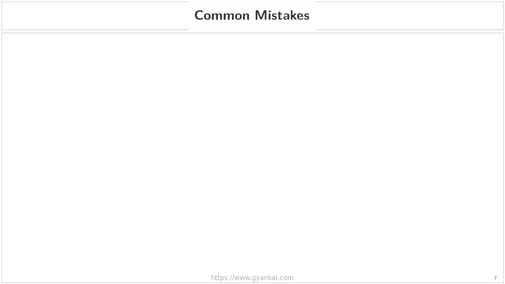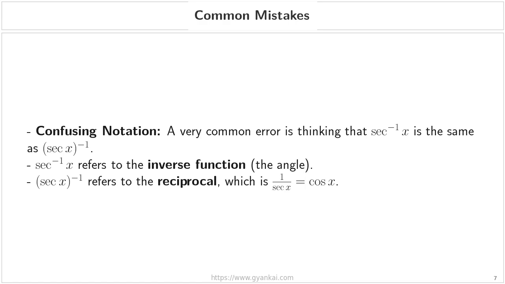Common mistakes. Now that we have walked through the definition and a practical example, let us address some common pitfalls that students often encounter when working with this function. First, let's discuss a very common point of confusion regarding notation. It is easy to mistake the inverse secant of x for secant x to the power of -1.